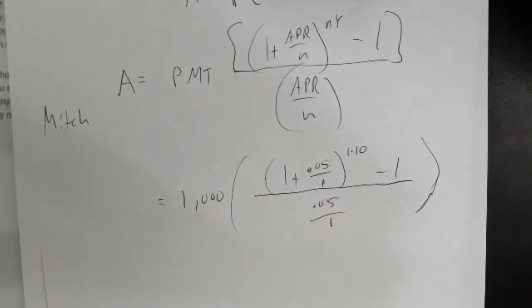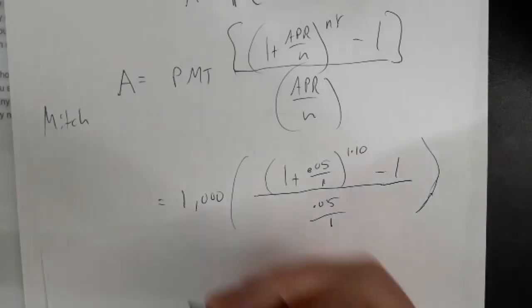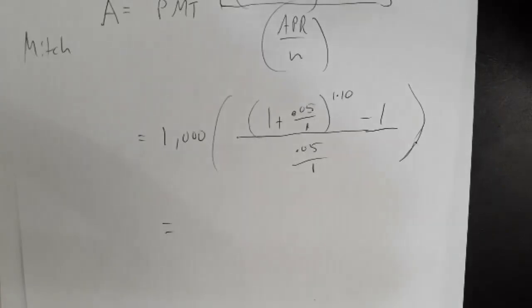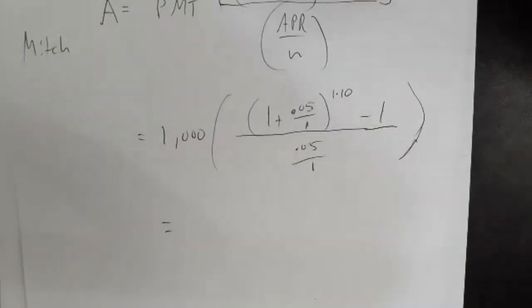So 0.05, divide that by 1 is still 0.05. I got to add 1 to that, raise that to the 10th power, subtract 1, and then divide that by 0.05 and multiply that by 1,000. So I'm going to skip a few steps here. This is 1.05 to the 10th.